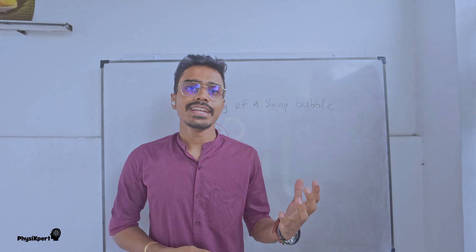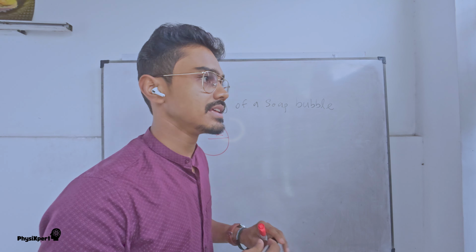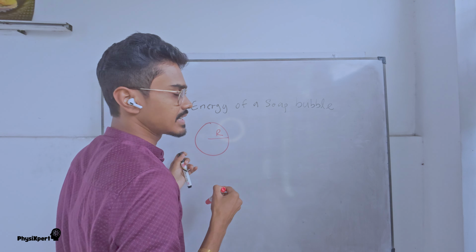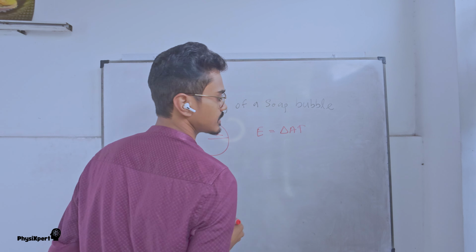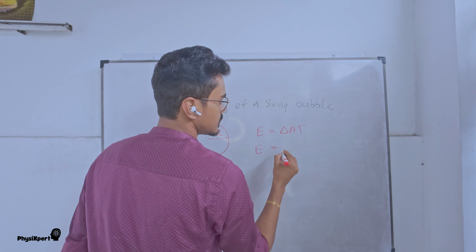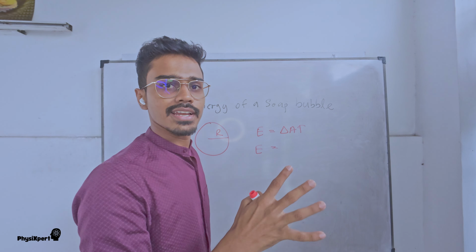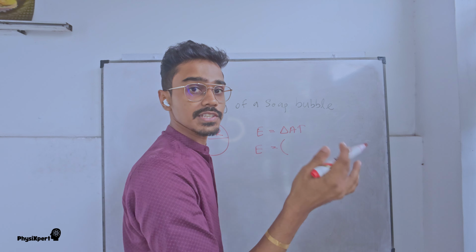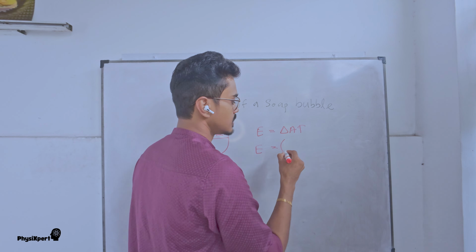We can determine the energy of a soap bubble also using the same equation. If I apply the equation E equals delta A T, delta A is final area minus initial area. The final area is the area of a sphere, since the bubble is a sphere, and the area of a sphere is 4 pi r squared.